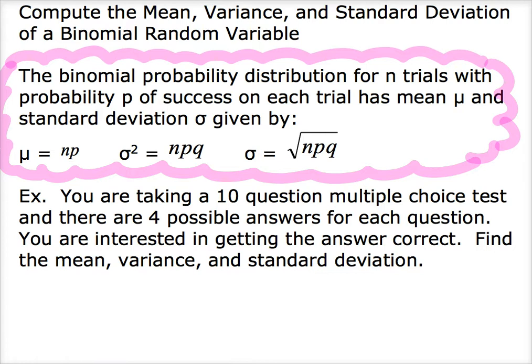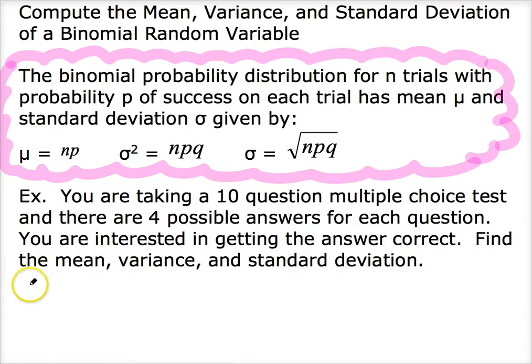You are taking a 10-question multiple choice test, and there are 4 possible answers for each question. You are interested in getting the answer correct. Find the mean, variance, and standard deviation.